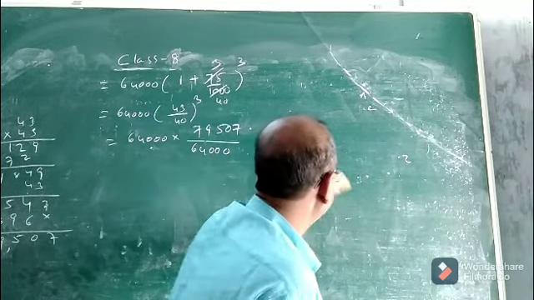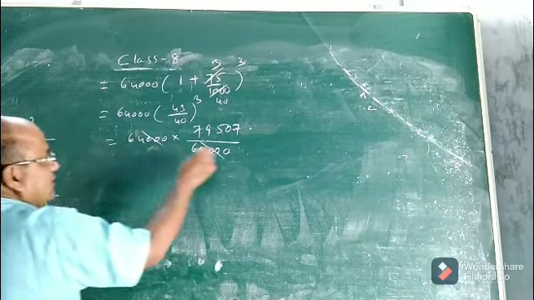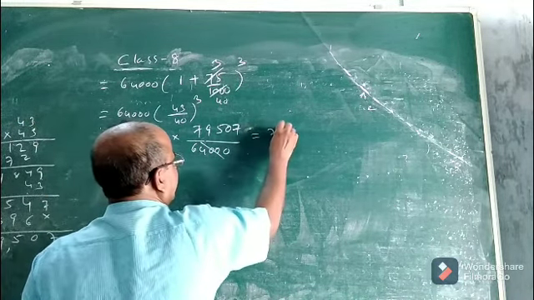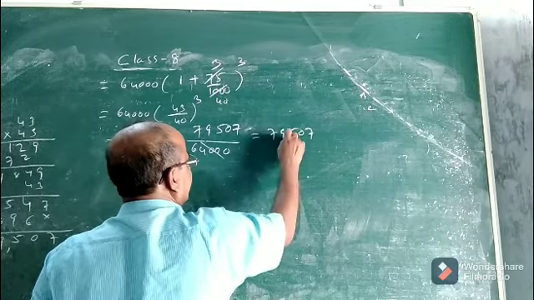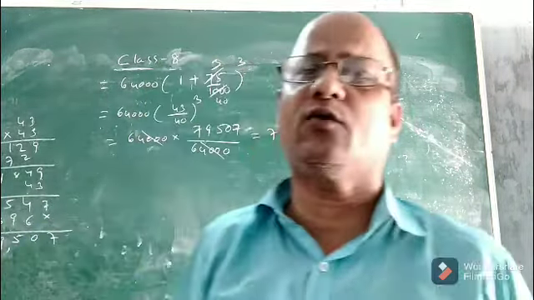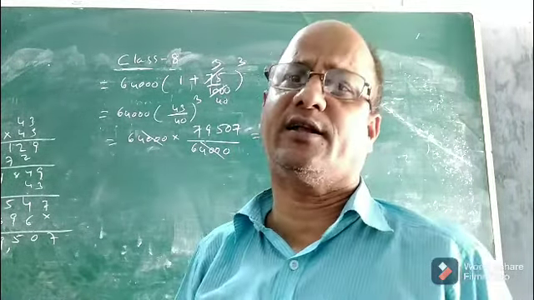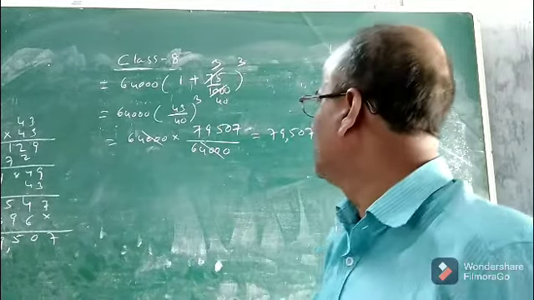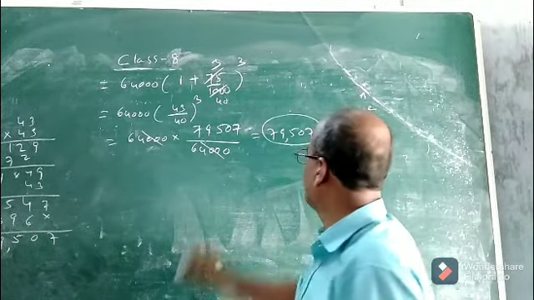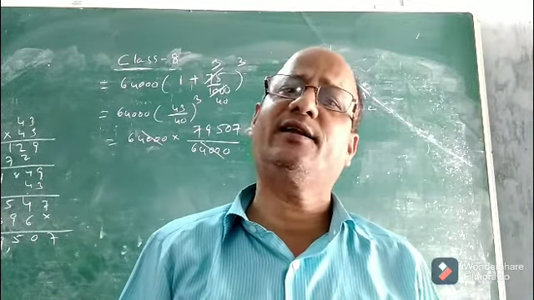Now 64,000 cancels. So this will be 79,507. So this will be the population of the town. It depends upon your calculation only. After using the formula, if you calculate correctly, you will get the right answer. No problem. So this will be the population of the town after 3 years if the birth rate and death rate are given.